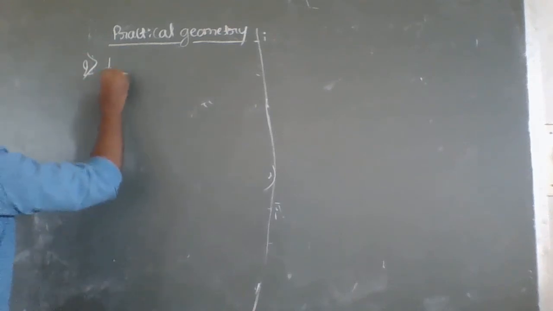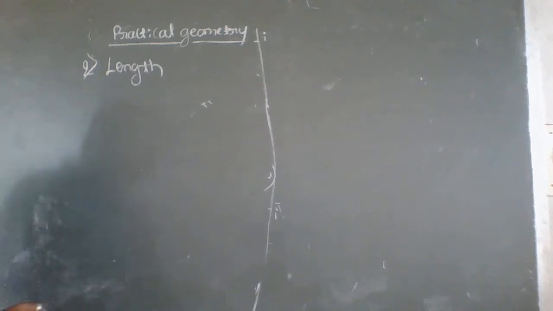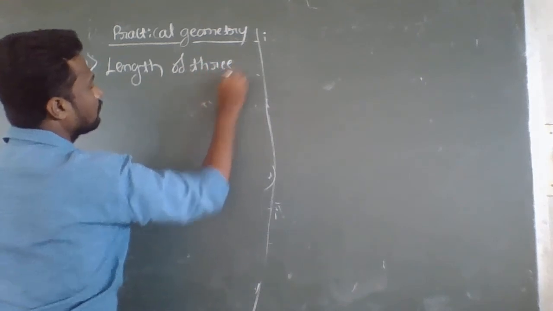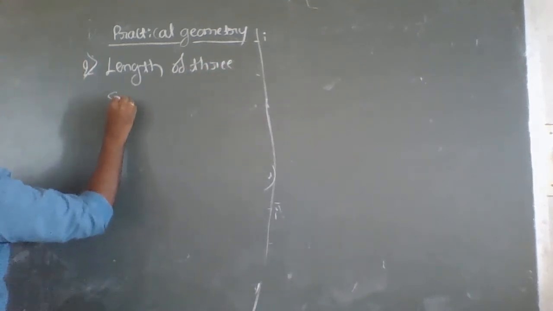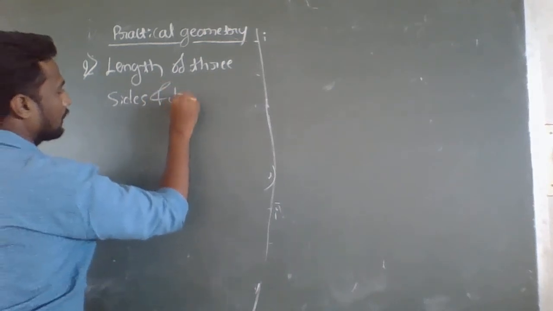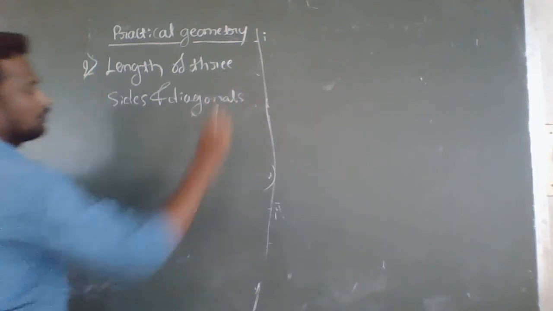So here, when the lengths of three sides and diagonals are given.